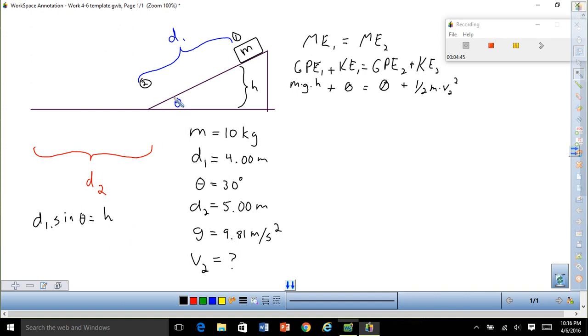In other words, we'll use that hypotenuse and the sine function to find that actual distance right here, which we've labeled h. So d1 sine theta equals h. Now, with my numbers, once I do that, I find that h is equal to 2 meters.